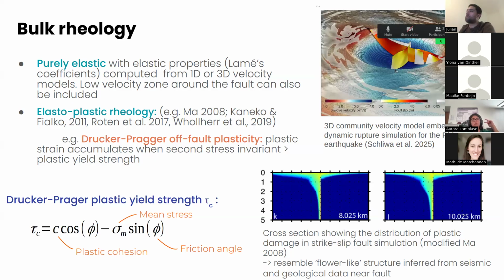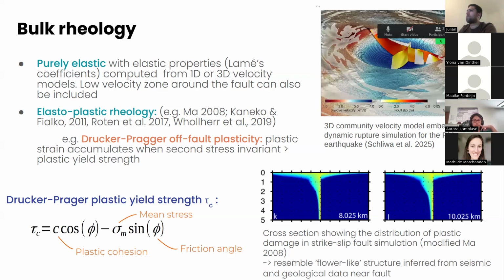And we can also use more complex rheology. For example, we can use elastoplastic rheology, in which the off-fault medium can also deform plastically. For example, we can use Drucker-Prager off-fault plasticity, where plastic deformations accumulate when the stresses locally exceed the plastic yield strength.